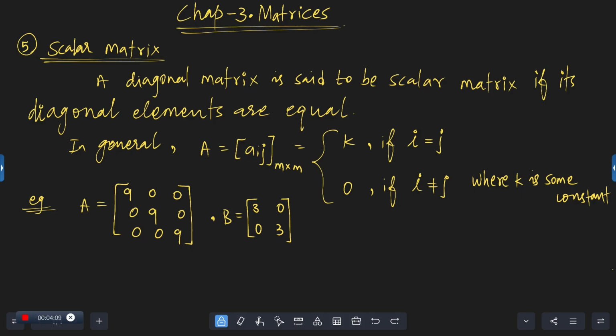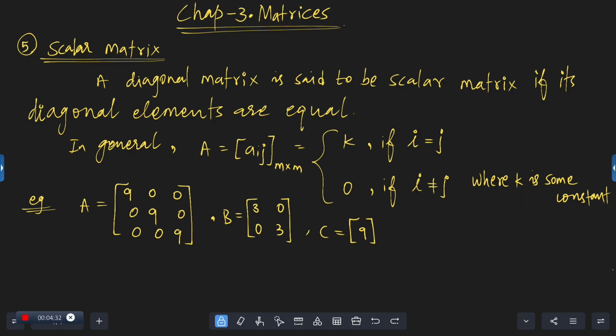Understand? If C equals only one element, that is the number 9, this 9 we can call a scalar, even diagonal, even square. This C equal to 9 we can call scalar matrix, diagonal matrix, square matrix, whatever.